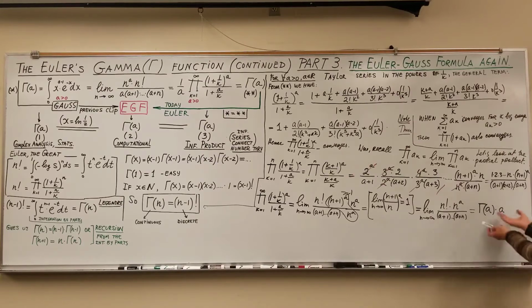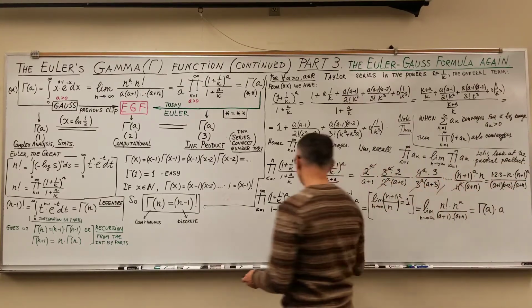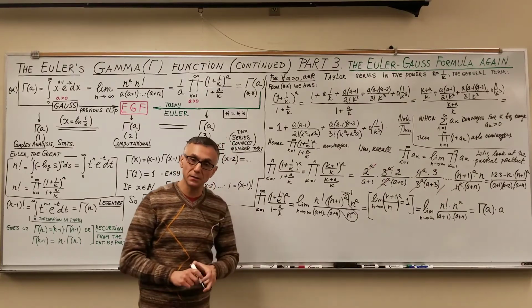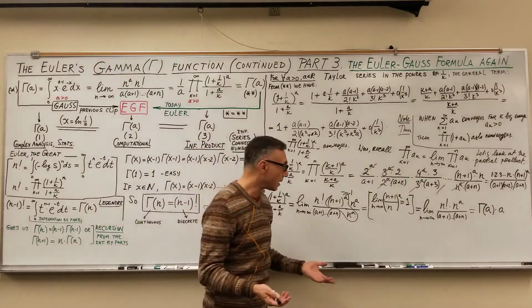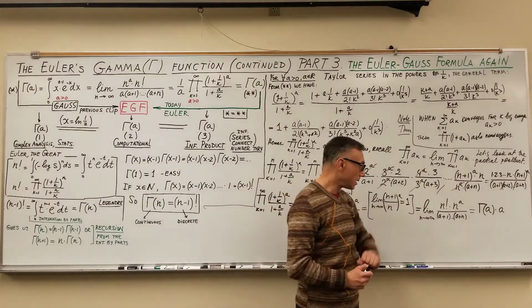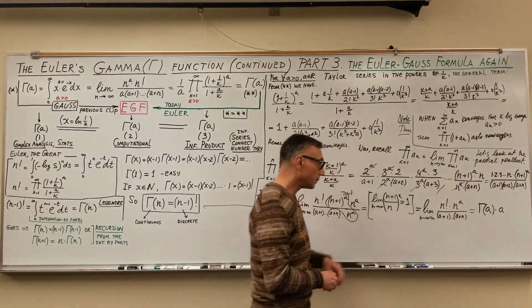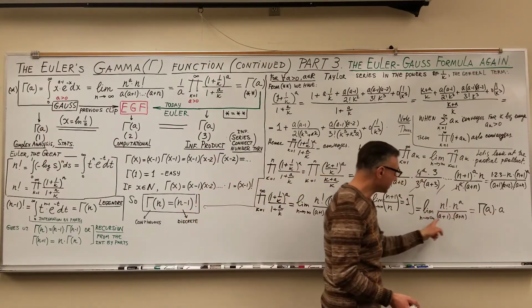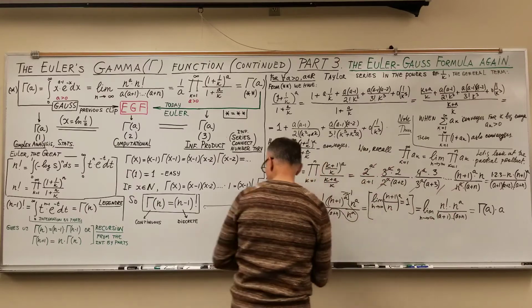We're almost there, and from here we're arriving at this wonderful result. A is a constant, positive, no problem, under the limit as n tends to infinity. A is a constant for this limit, so I can bring it under the limit while dividing by a.